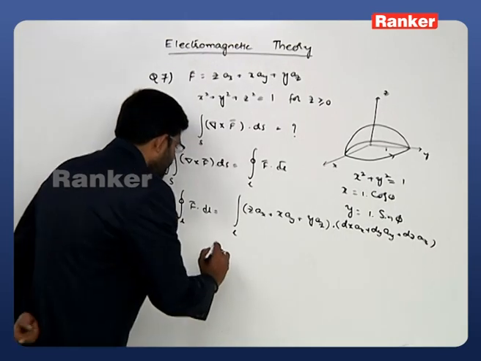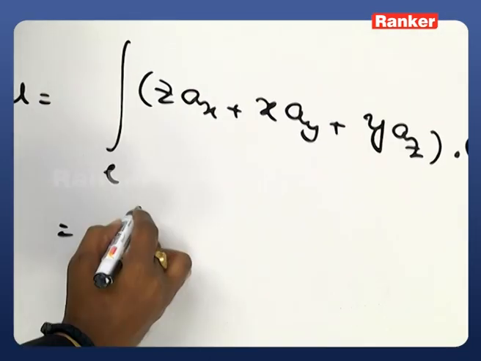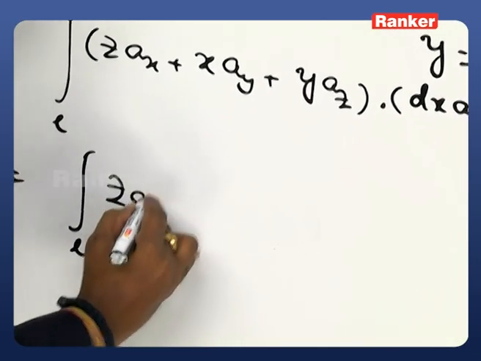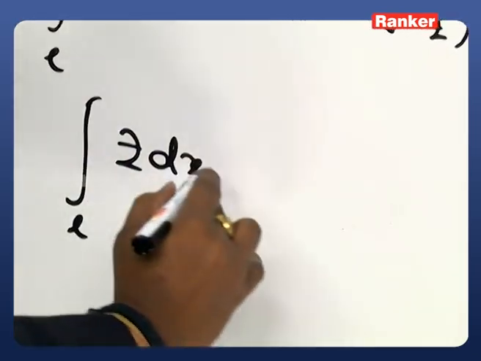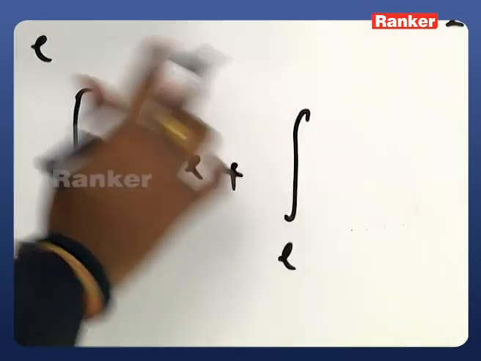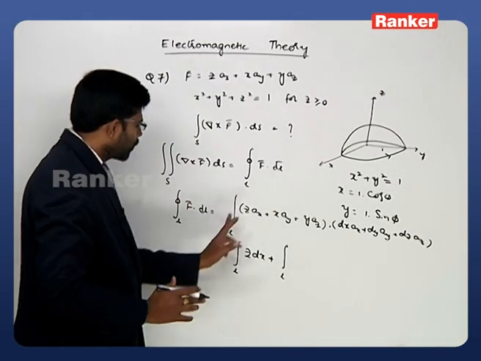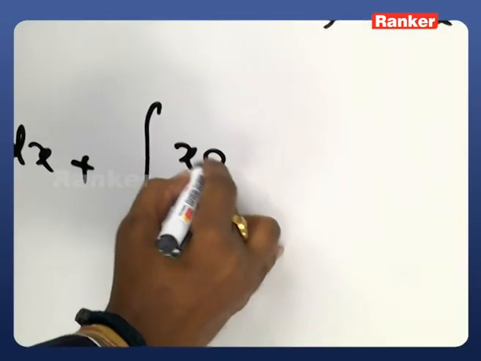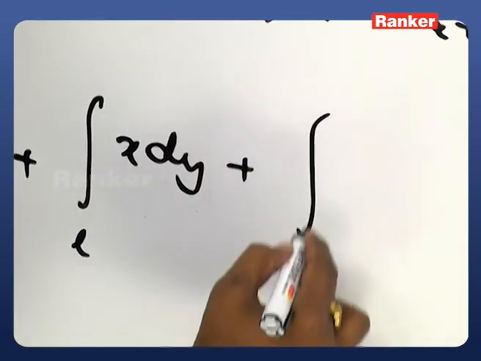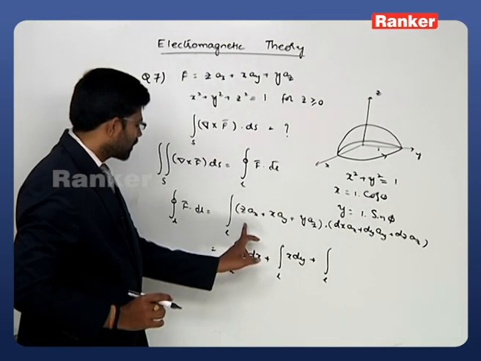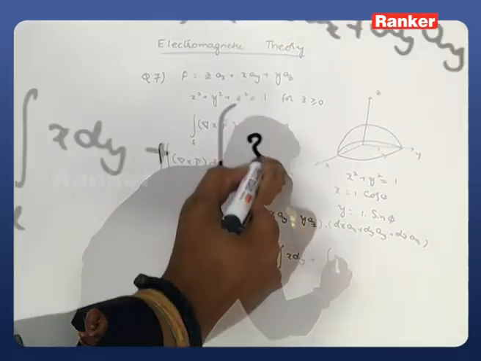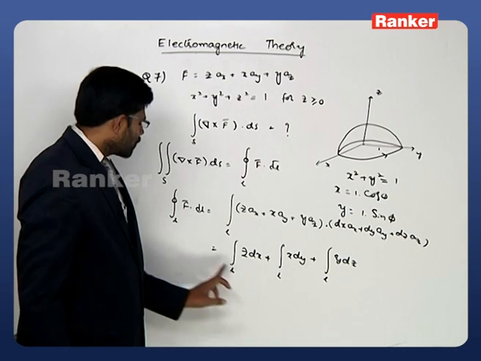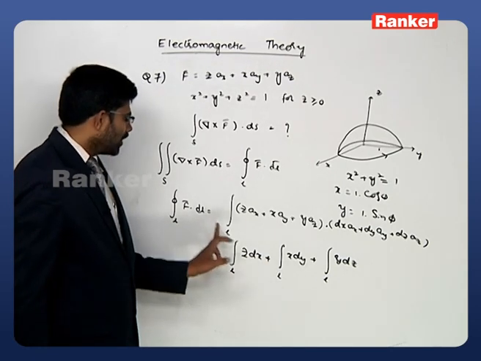What we get is the line integral of z dx, plus, splitting the line integral, x dy, plus the line integral of y dz. So this is the equation you can write for F bar dot dL bar.